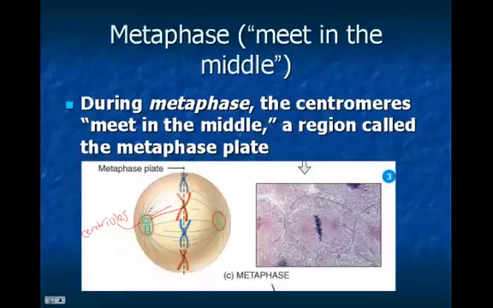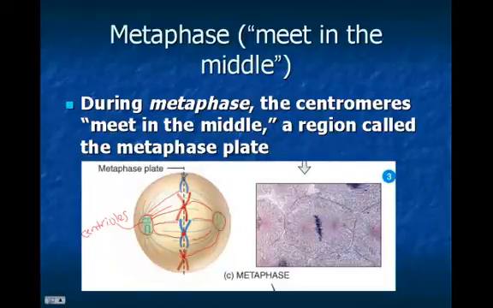Some of these microtubules are going to attach to the chromosomes at the centromere, and that's how, in the next phase, they'll be able to pull them apart. That's also how they get them to line up. These microtubules will lengthen and shorten until they get those chromosomes all lined up nice and pretty in the center of the cell.